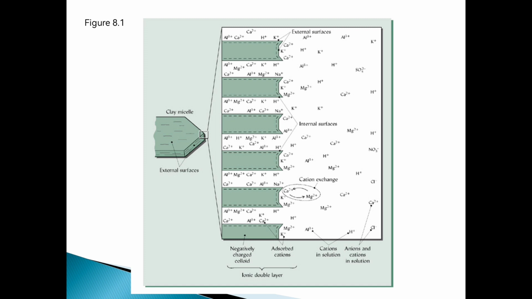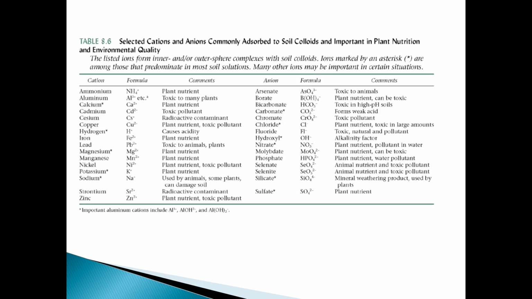Aside from the cations, we also have anions such as chloride, nitrate, and sulfate, which are negatively charged and also present in the solution. This is a table showing you the selected cations and anions commonly adsorbed to soil colloids, which are important in plant nutrition and environmental quality.